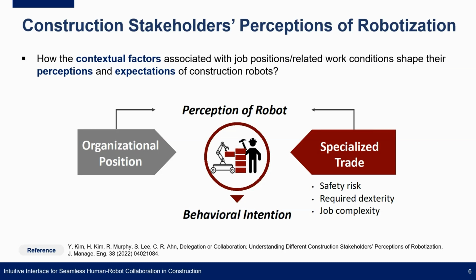Then we asked them about their perceptions and preferences regarding construction robots in a series of open-ended questions. We investigated how factors such as organizational position or the dexterity or complexity of their work influenced their views on the adoption of construction robots.